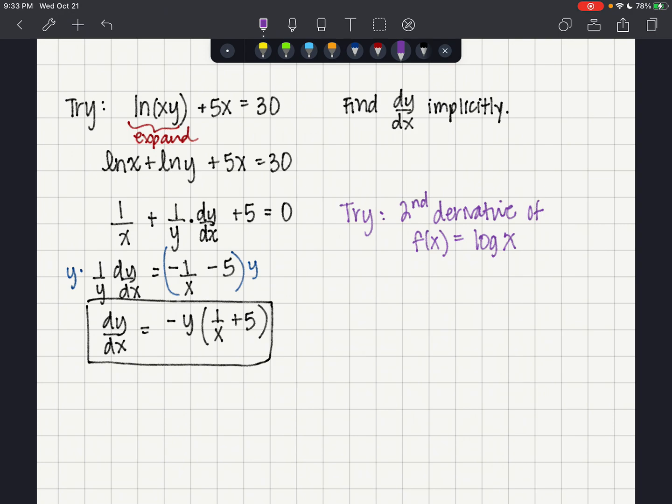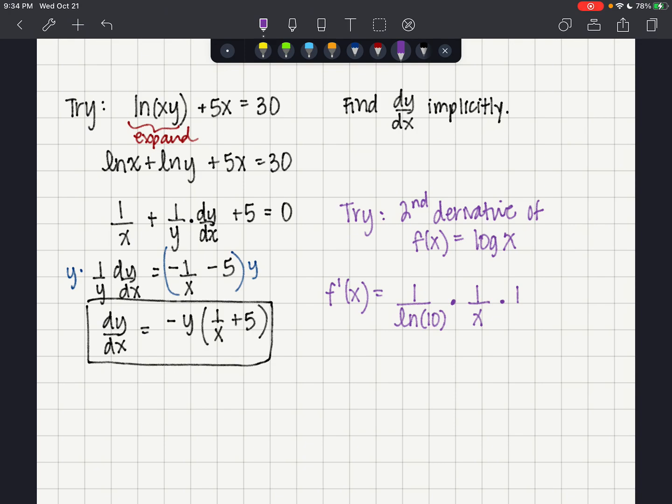Okay, here we go. f prime of x is equal to the derivative of log of x, which is 1 over the natural log of the base, which is 10, times 1 over the argument, which is 1 over x, and then times the derivative of the argument, which is just 1.